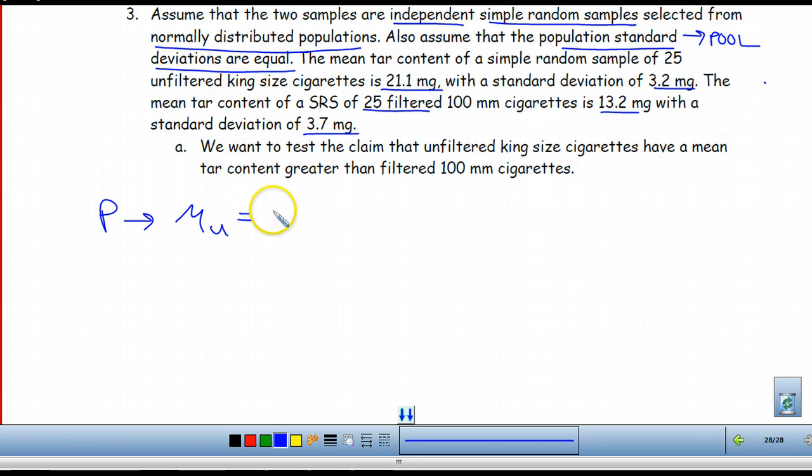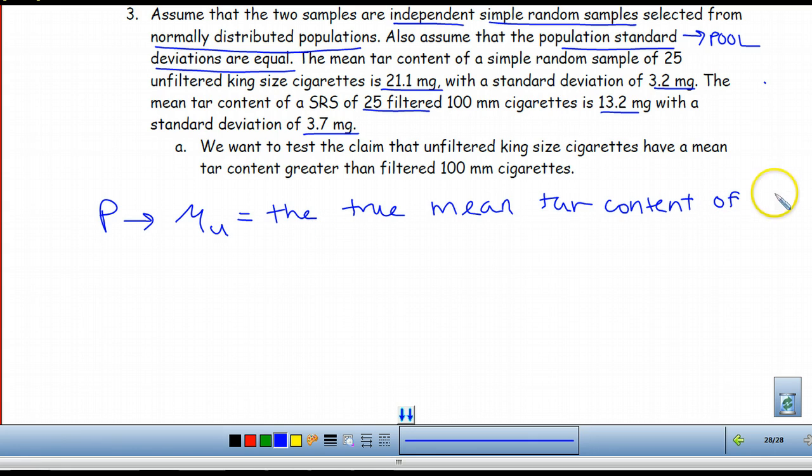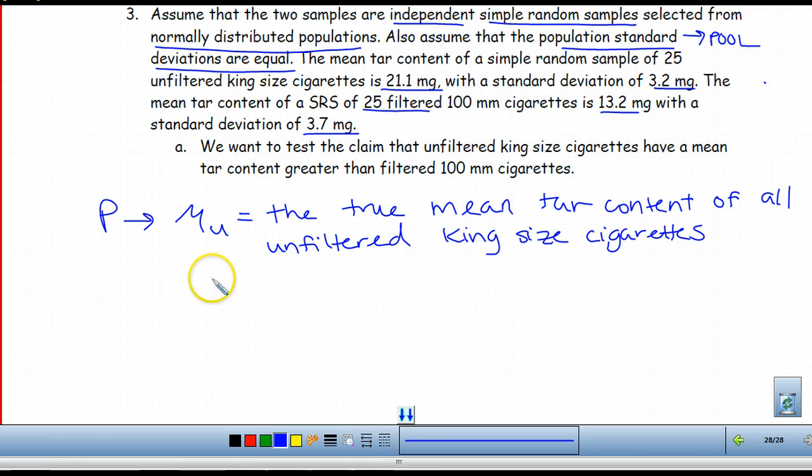So we're going to say mu u is the true mean tar content of all unfiltered king size cigarettes, and then mu f, let's say mu f for filtered, same thing but for filtered.